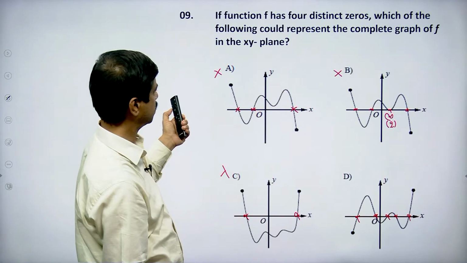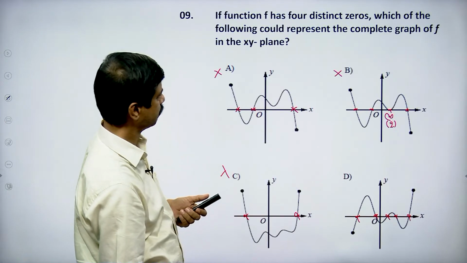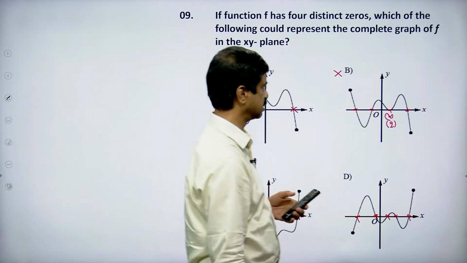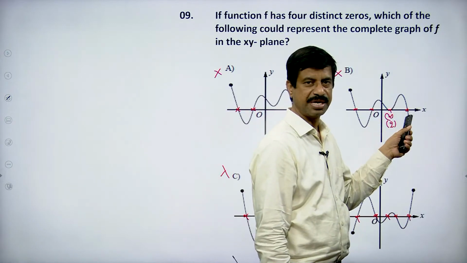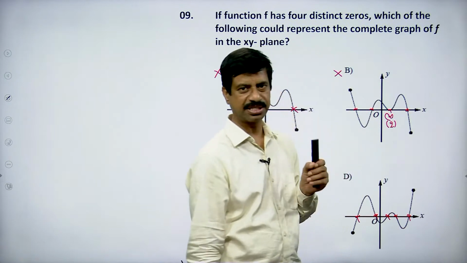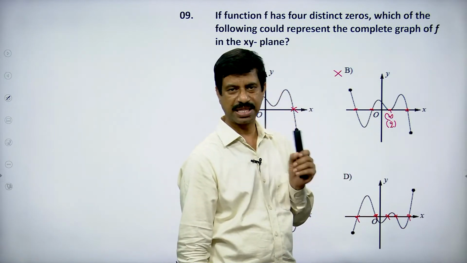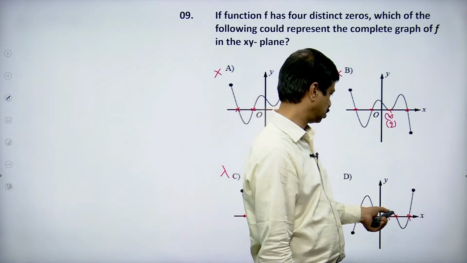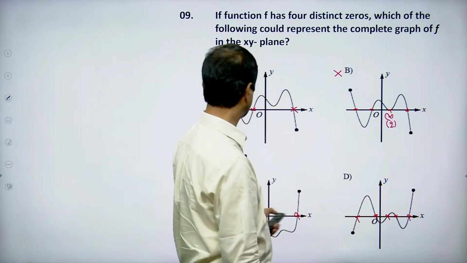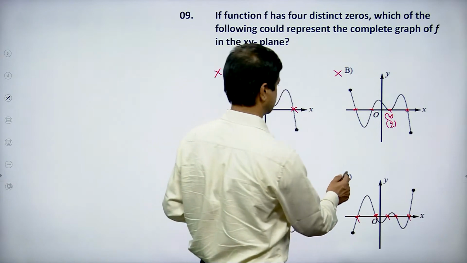But B cannot be 4, so this is wrong. The question is wrong, because if it is touching, we will take it as 2 values. So it has only 2. So none of them. The answer is none of them, children.